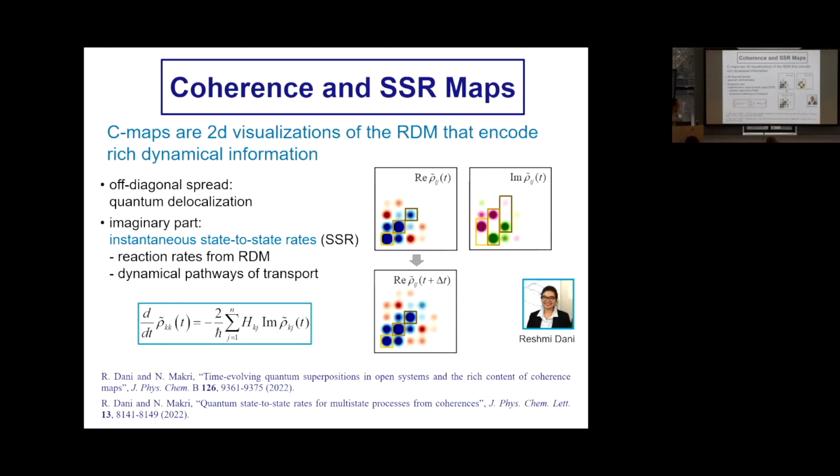And if you look at a column or a row, equivalently, of the imaginary part of the reduced density matrix, these are the elements that contribute to the time derivative of the population of the state that crosses this column with the diagonal.